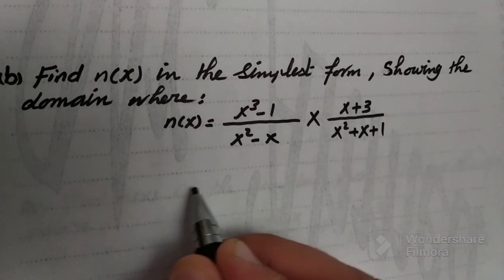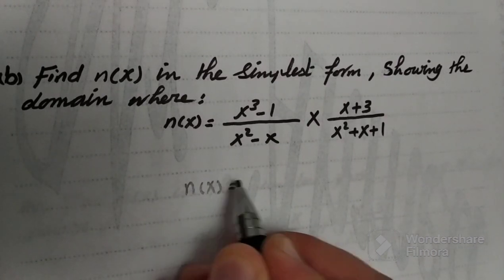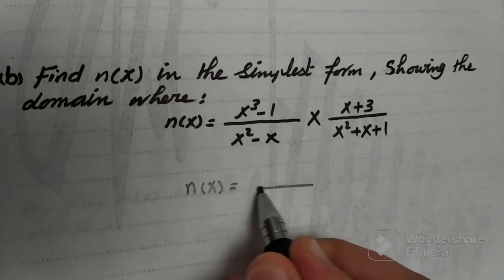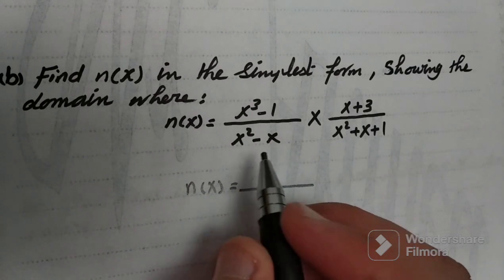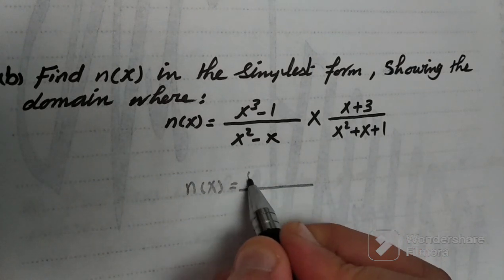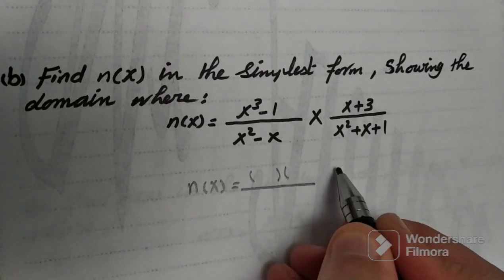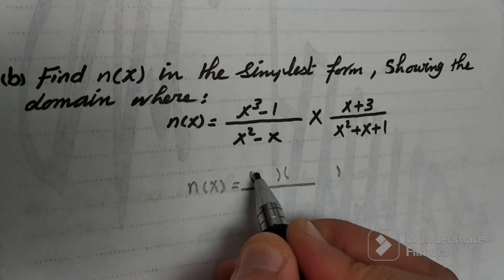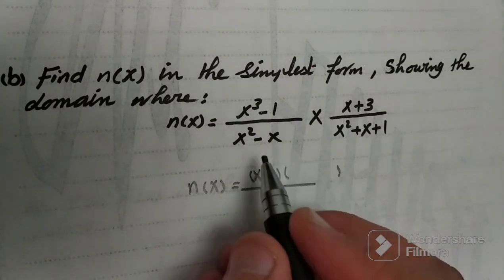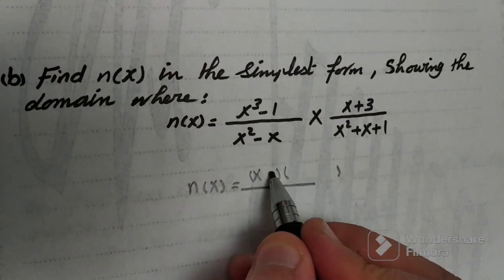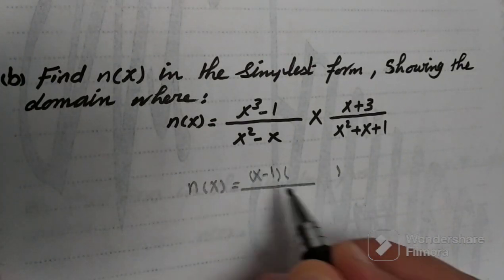Number 1, n of x equals, factorize the numerator, cubic: small bracket and big bracket. The cubic root of the first, x power 3, is x. The cubic root of the second, 1, equals 1, the same sign.